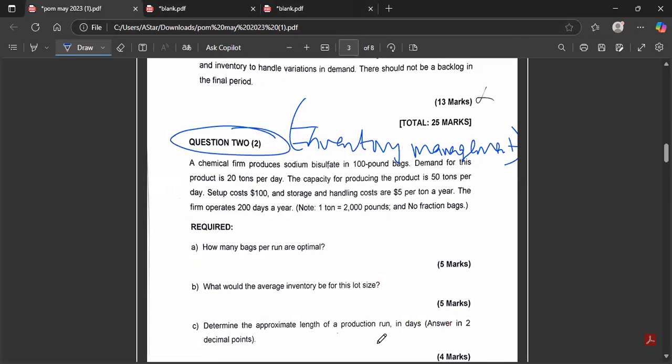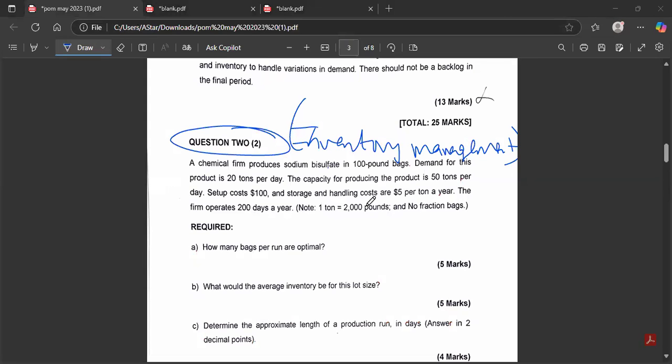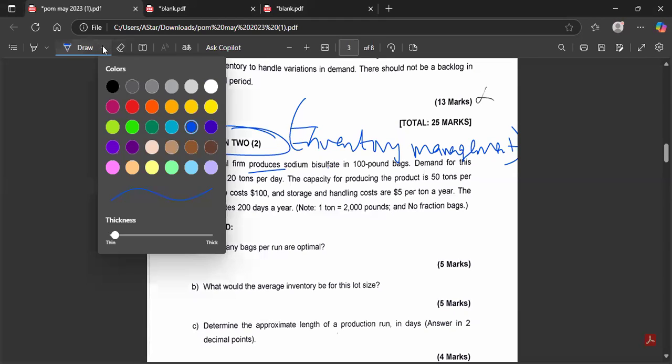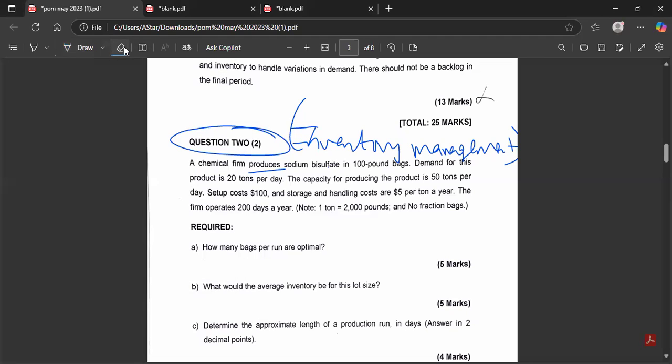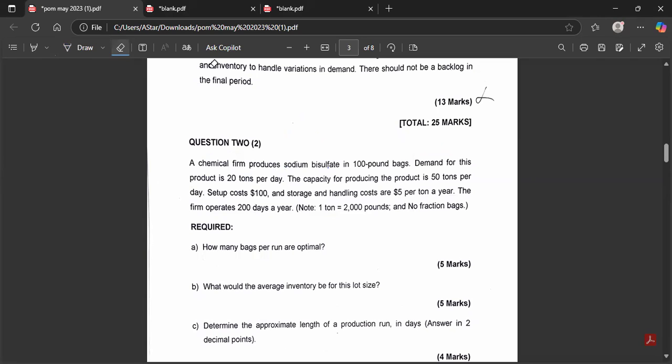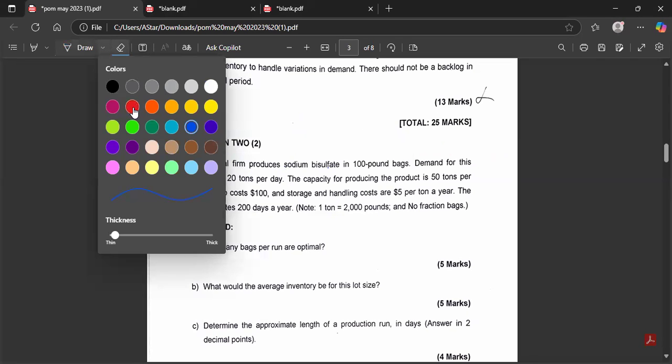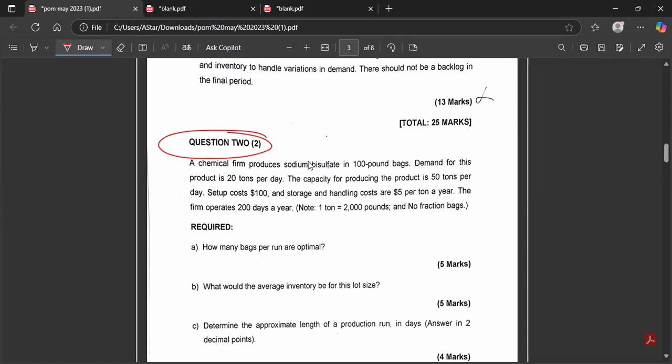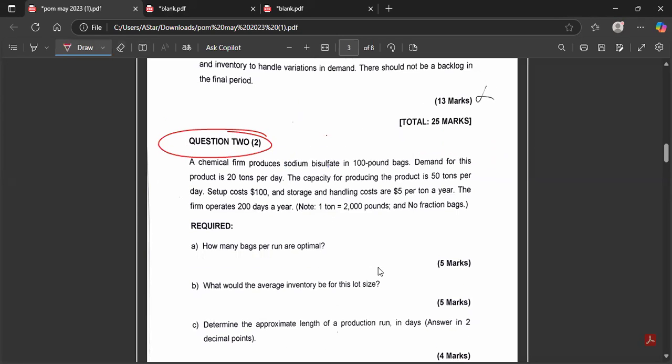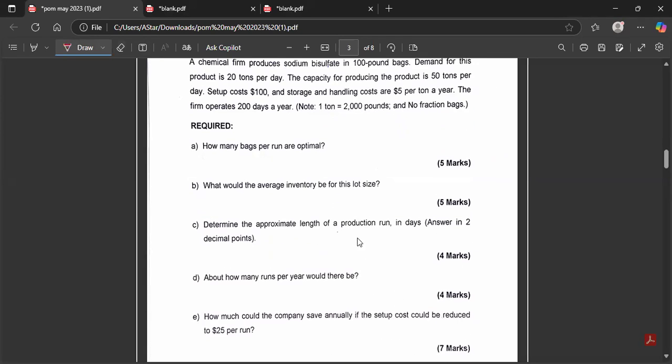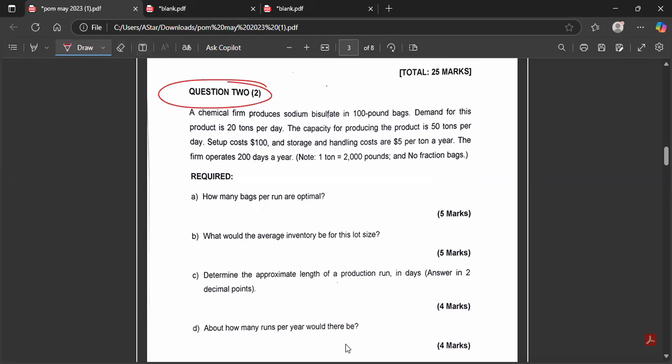So let us look at this question now. I've given you 3 minutes. Identify for me which one is annual demand and which one is the setup cost, because they're in production, right? Are you with me? What is the question about? You're able to see this question?